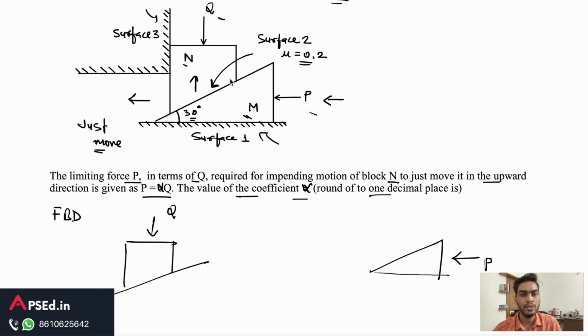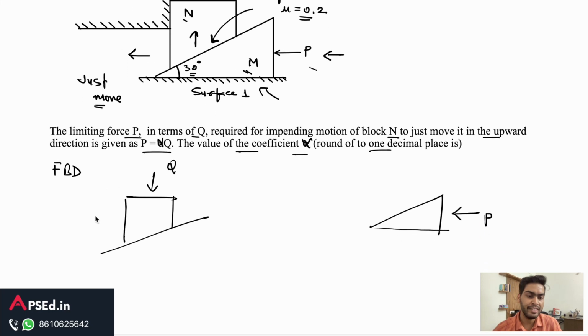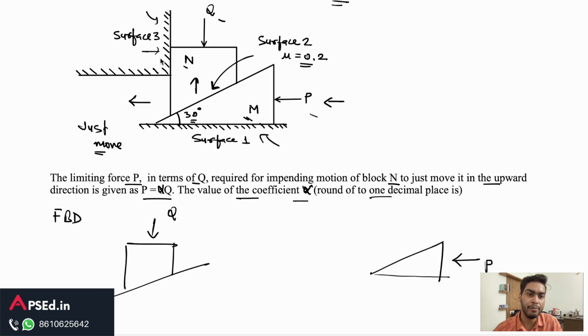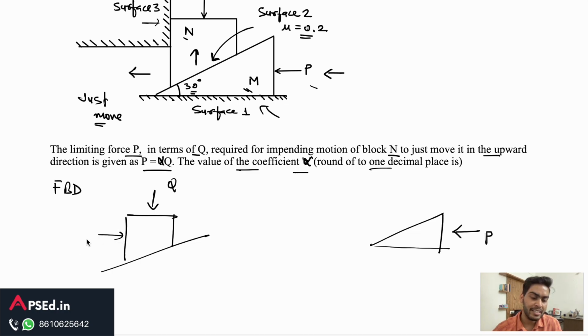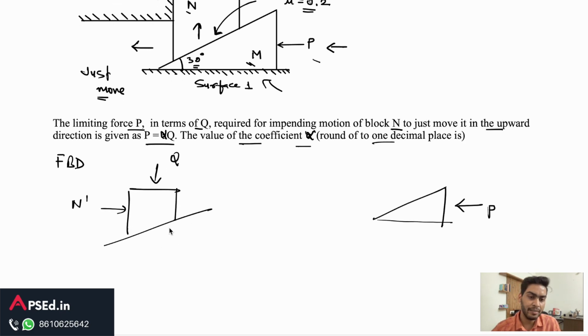There is this force Q. From the other surface there will be a reaction force, a normal force, let's say N dash. And on this interface between M and N there will be friction. Friction will be in the forward direction.